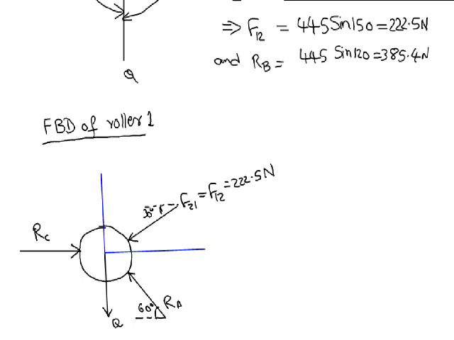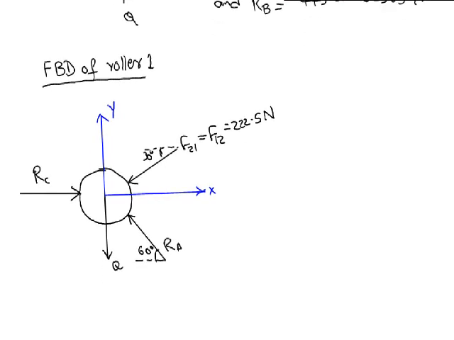Okay, doing so, note that positive x direction is collinear with the force RC, and positive y direction is collinear but in opposite direction with force Q. So you have x and y, and we can write sigma fx is equal to 0 and sigma fy is equal to 0 here. And as it turns out, it will be convenient for us if we use sigma fy is equal to 0 first.